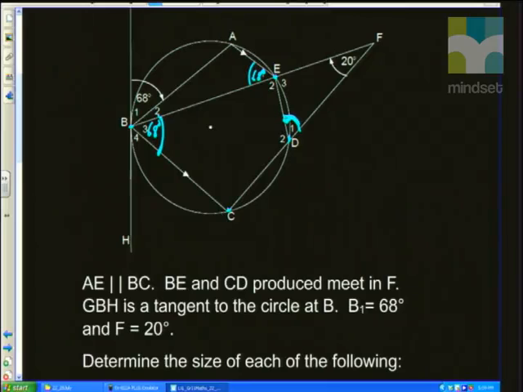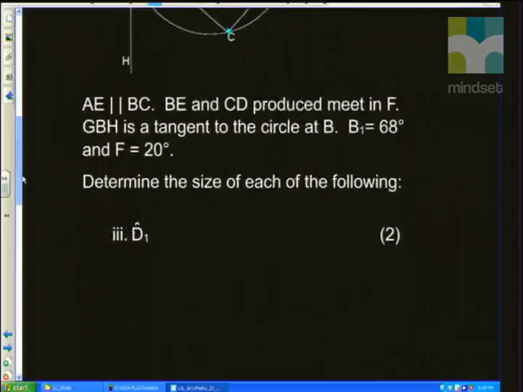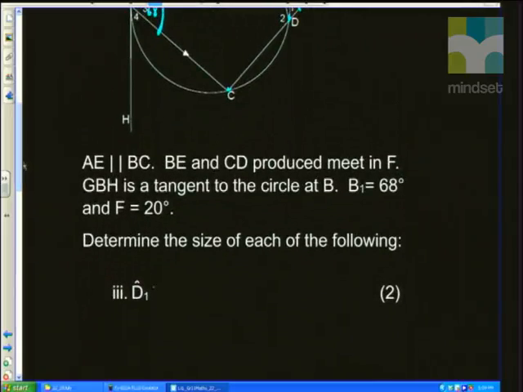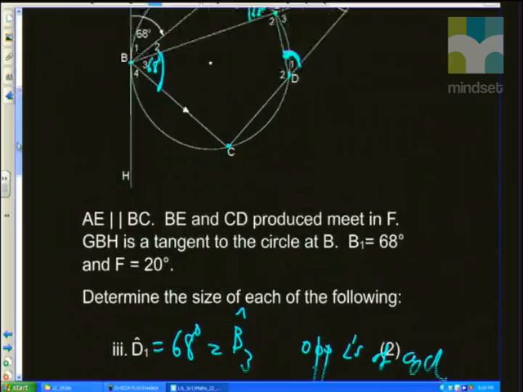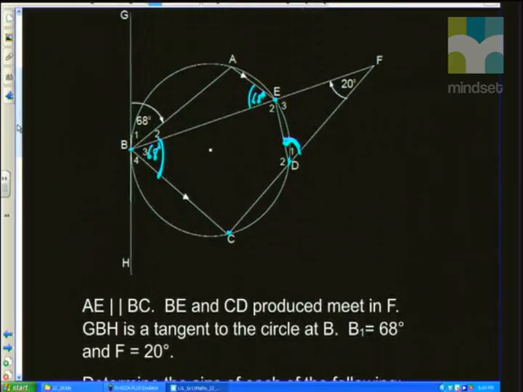So we conclude by saying D1 is also 68. It equals your B3, all right? And we've got opposite angles of a cyclic quad. Okay, so you've got 68 there as well. Opposite angles of a cyclic quad.